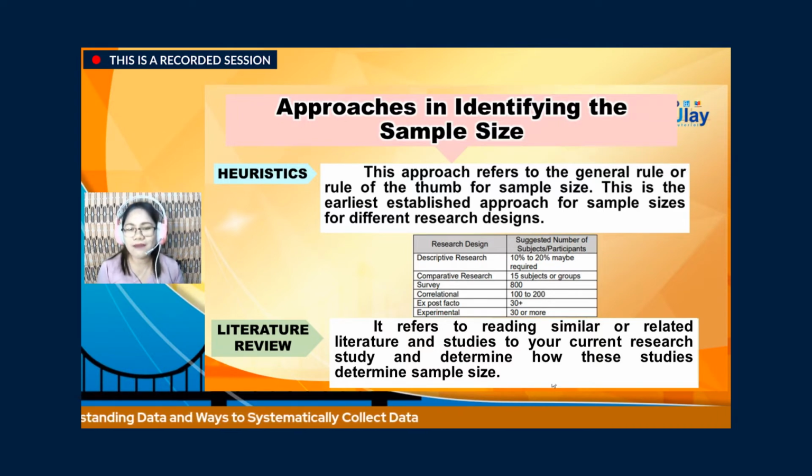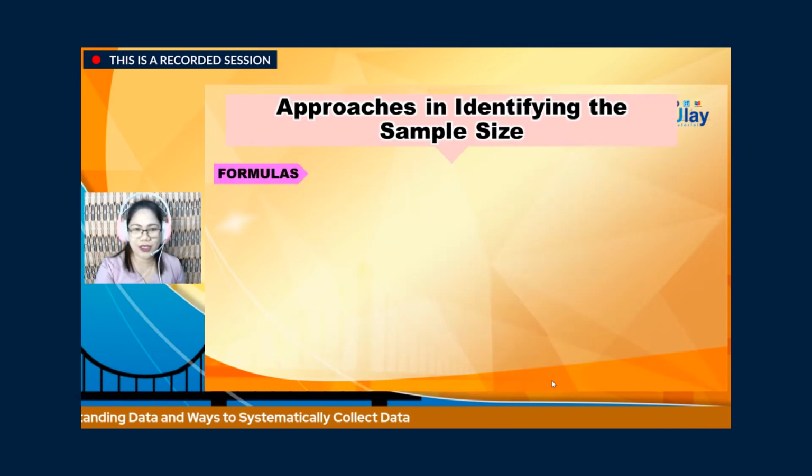So if you have similar or related na study, pwede sigurong i-adapt natin yung number dito na ginamit sa research na to. It's because they are considered related. So still, depende pa rin yan sa location na gagamitin ninyo in conducting your research.